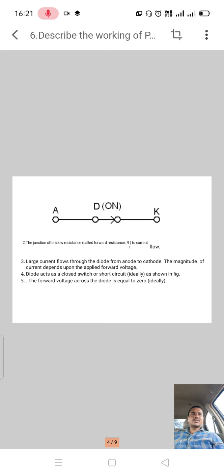In this situation the diode is in the on state. That means current is flowing from anode to cathode. The junction offers low resistance, called forward resistance, to current flow.